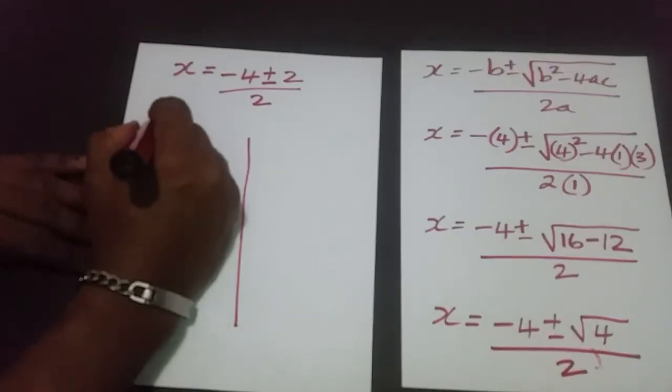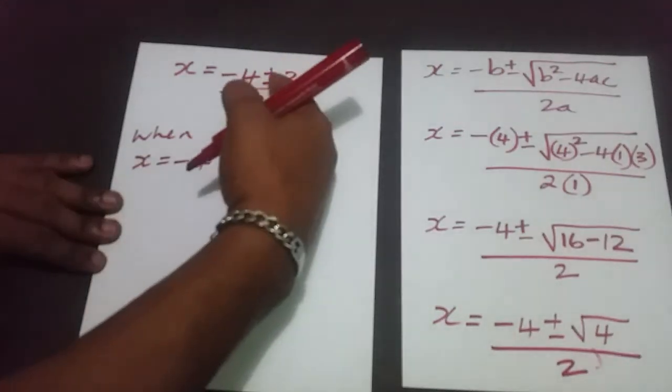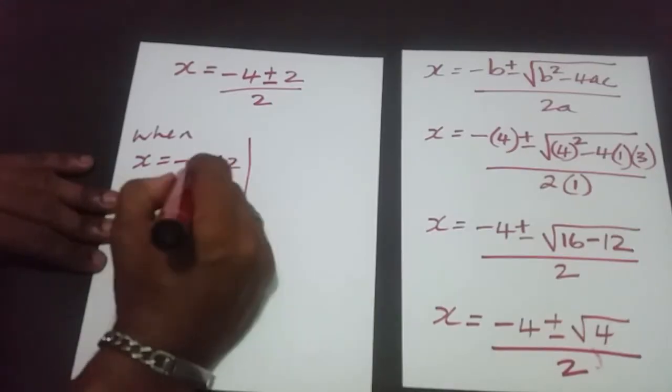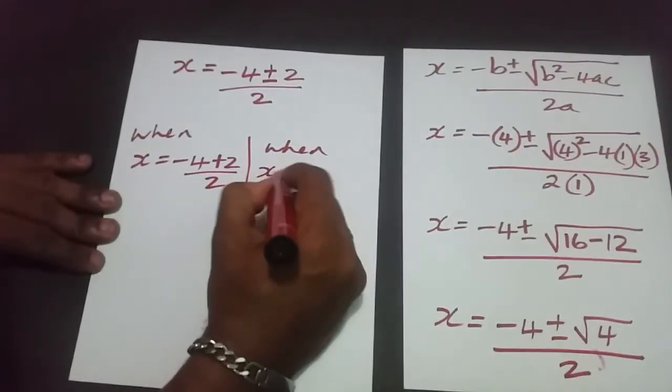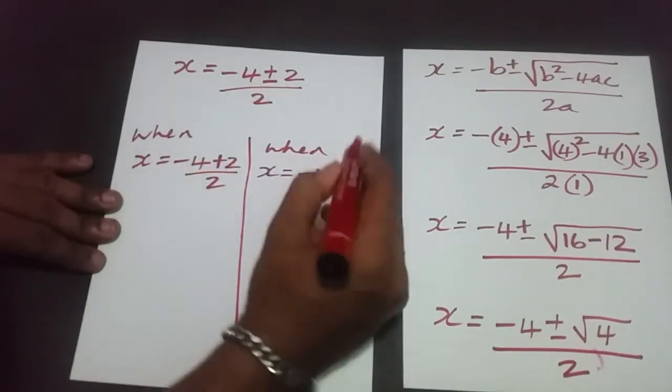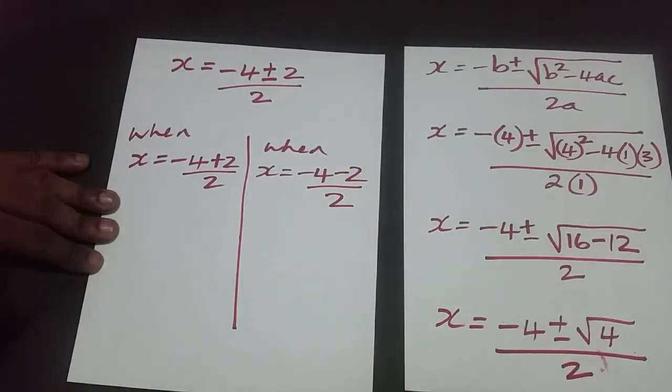And this is when we're going to break off to get our 2 answers now. So when x is equal to minus 4, and we have plus and minus here, we're just going to choose plus in this case. And for the next case, we're going to choose a minus. x is equal to minus 4 minus 2 over 2. Now remember, when we used the factorization method, we got negative 3 and negative 1 for the answers. So in this particular case, we should get the same answers even though we're using a different method, which is the quadratic formula method.